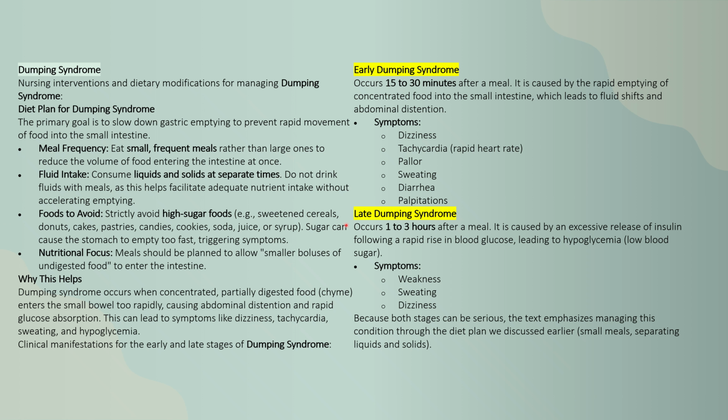Late dumping syndrome occurs 1 to 3 hours after the meal, and it is caused by increased release of insulin following a rapid rise in blood glucose, leading to hypoglycemia, low blood sugar. Symptoms: weakness, sweating, dizziness. Because both stages can be serious, the text emphasizes managing this condition through the diet plan we discussed earlier: small meals, separating liquids and solids.